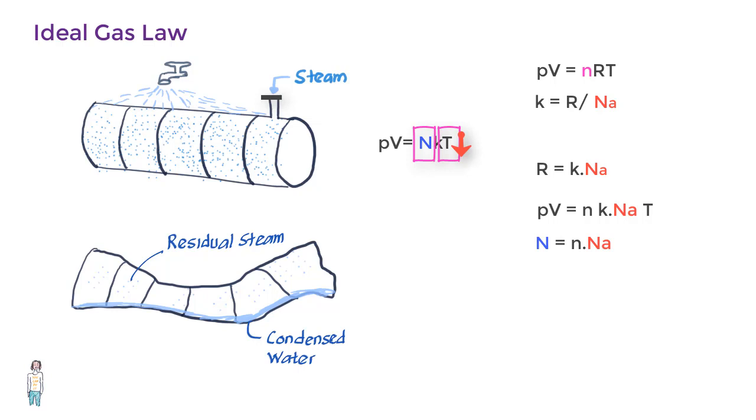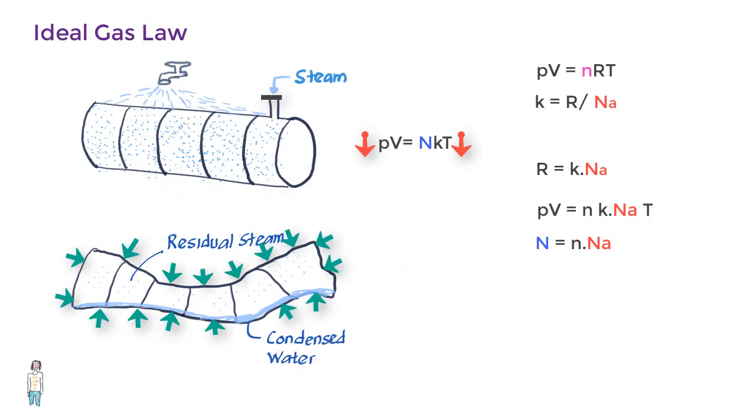Now we can see that the right hand side of this equation has decreased, and if the equality of this equation is to be preserved, the left hand side should also decrease. And since the volume V of the tank is constant, the gas pressure P inside must fall. Now, when the pressure P falls so much that it goes well below the external atmospheric pressure, the outside atmospheric pressure crushes the tank.